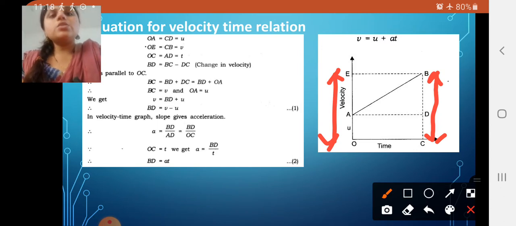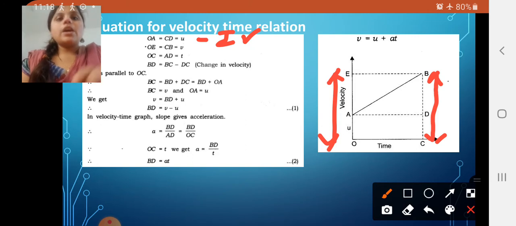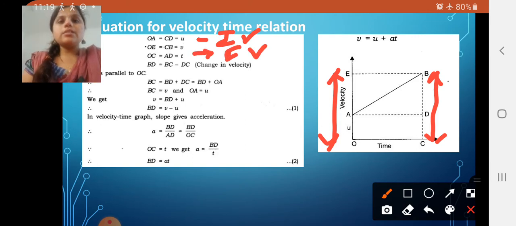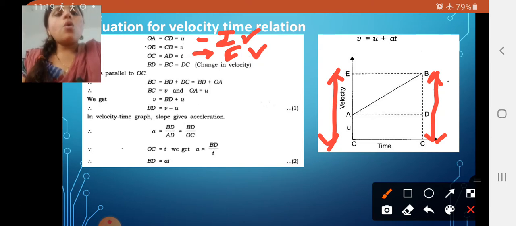Dear students, don't forget u is the initial velocity and v is the final velocity. The distance OE, meaning from O to E, how much it has taken we have to find in the form of velocity, so it is the final velocity. Now what is O to C? It is represented as t.